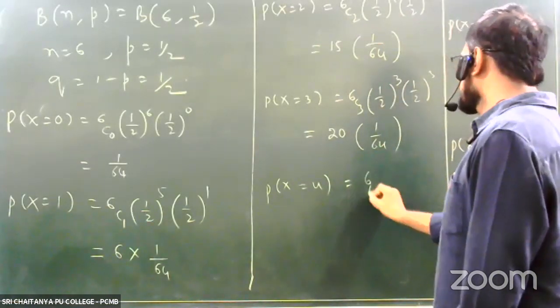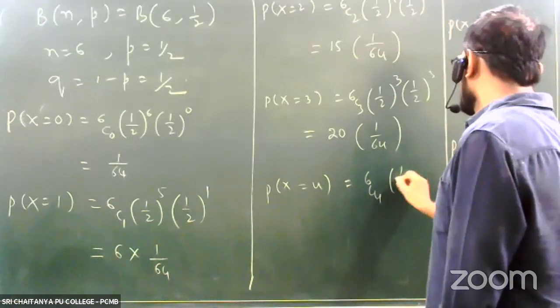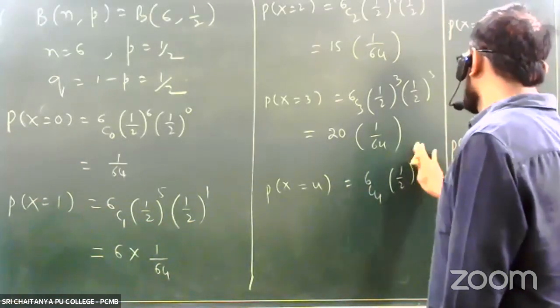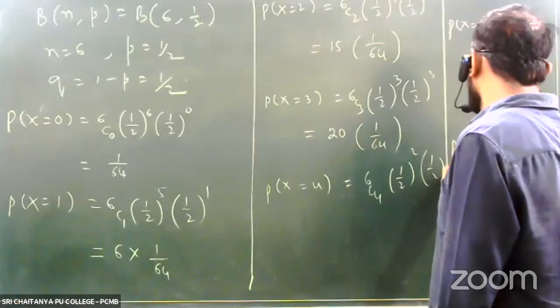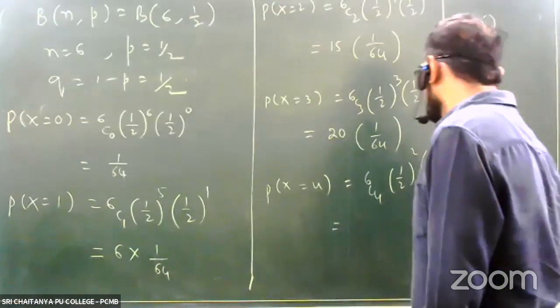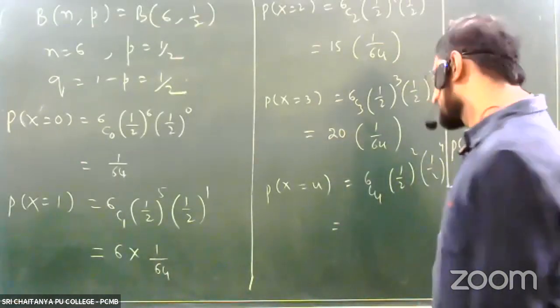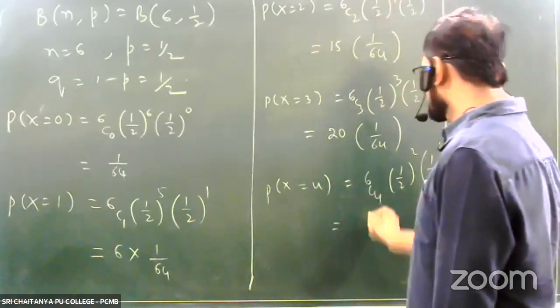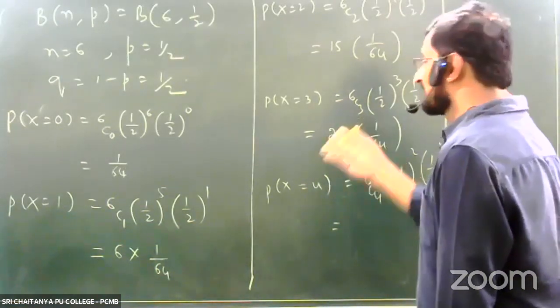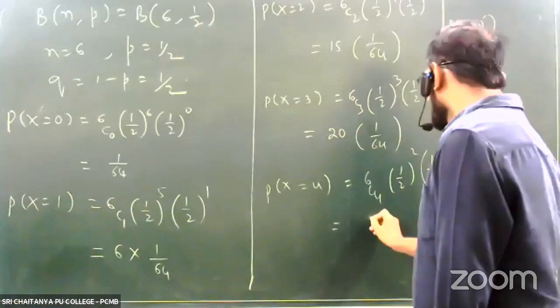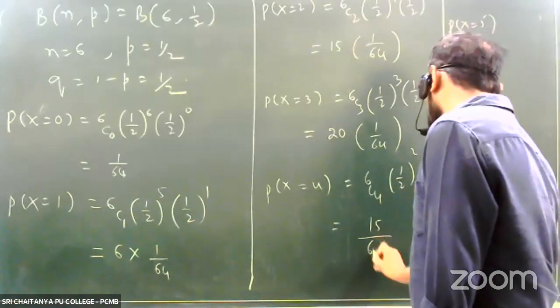Similarly, 6C4 into 1 by 2 to the power of 2 into 1 by 2 to the power of 4. The 6C4 value is equal to the 6C2 value, which is 15. So the same, you are going to get 15 by 64.